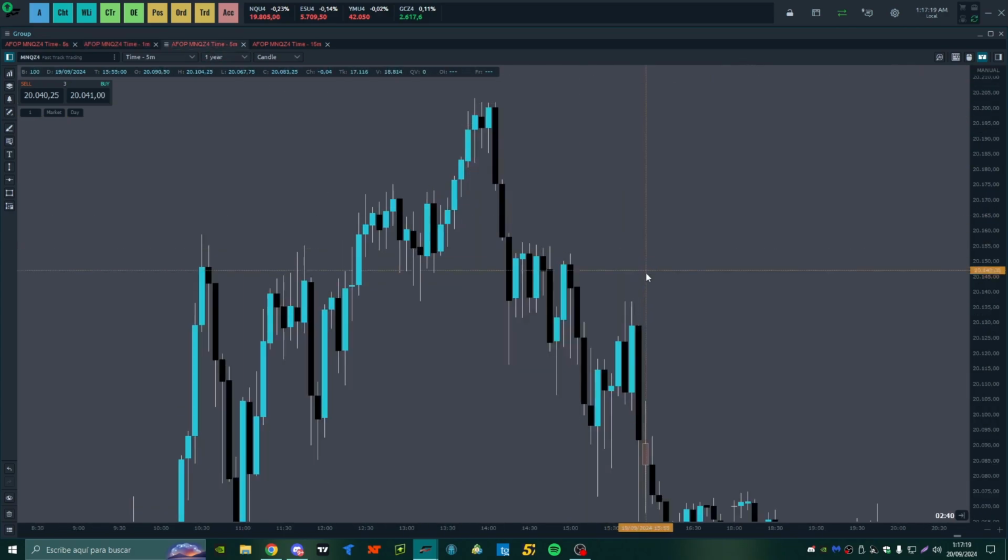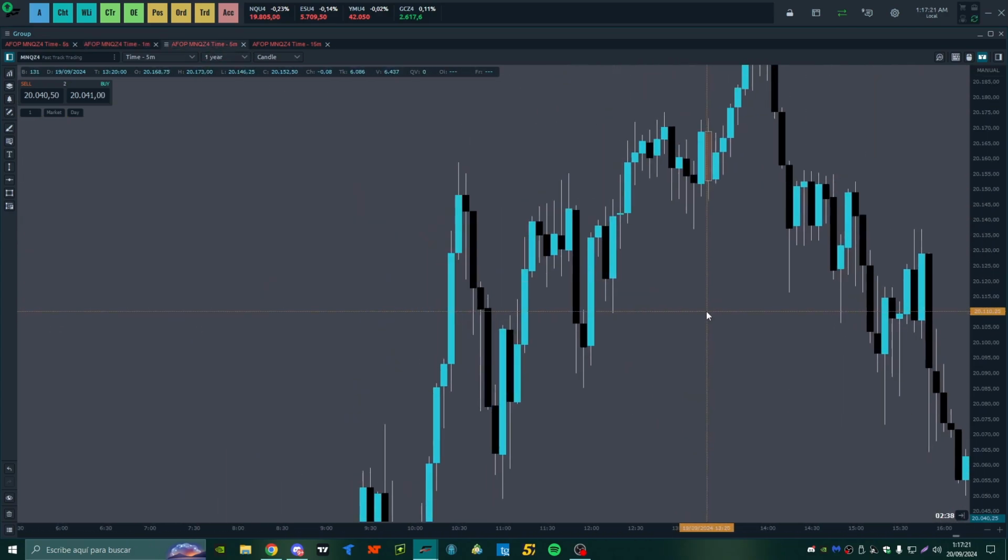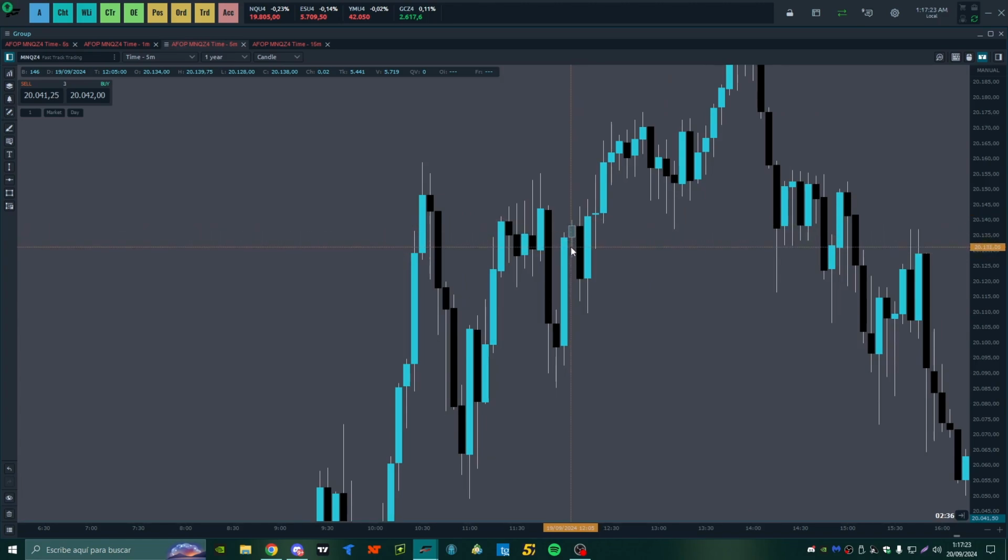Then, what we had here on the 5 minute, when this candle closes, while we are still in accumulation, we already had a 5-minute imbalance, which in turn closed.